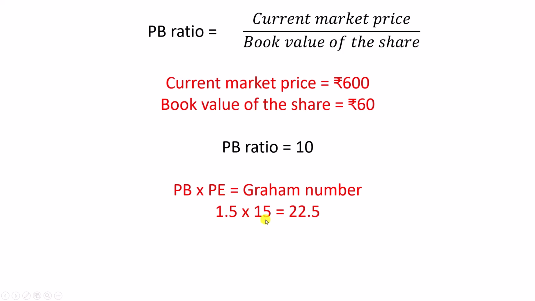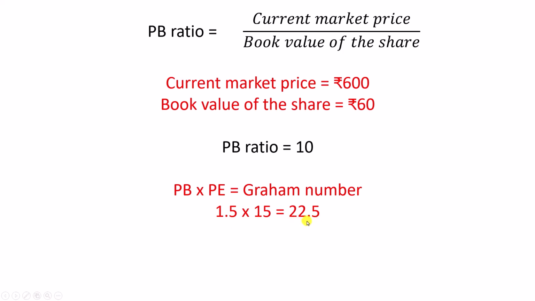Now what do you mean by good company? Good company means the shares are available at a cheaper rate. Okay? What Benjamin Graham says is that when we multiply PB and PE of a company, it should be less than 22.5.